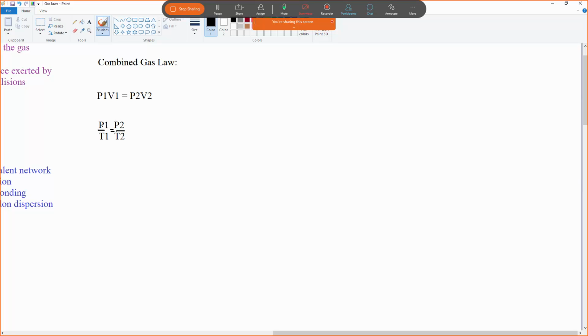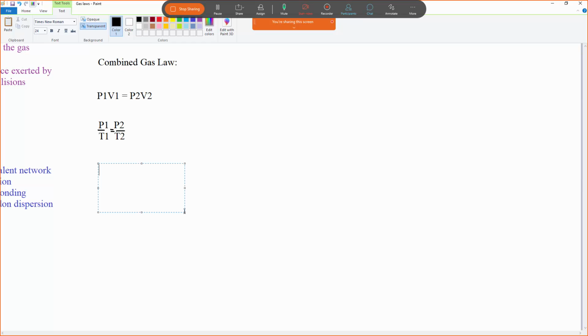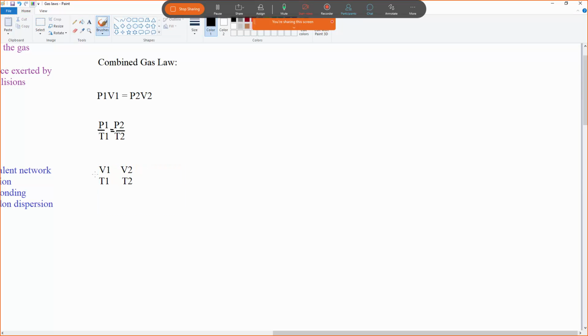And then of course we had V1 over T1 is equal to V2 over T2. Right here. Oh, Sarah's on top of it.